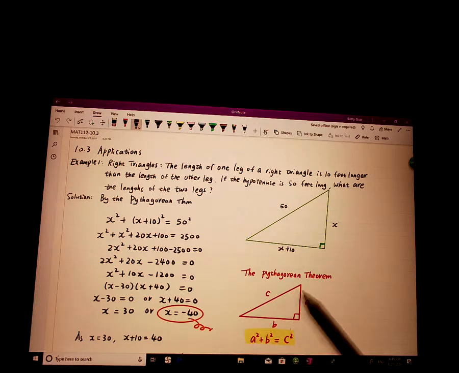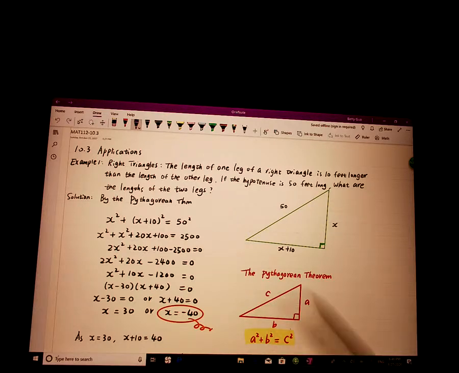A right triangle has 3 sides, 3 angles, and one angle is 90 degrees. Of course, the other 2 angles are going to add up to 90 degrees because the 3 angles need to sum to 180 degrees. We know that, right? In this right triangle, the 2 sides that form the 90 degree angle are legs.